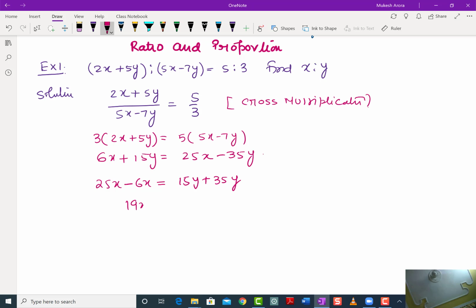This will be 19x is equal to 50y, or x by y. Here we have to be careful, the y has come here and 50 will remain here, so x ratio y is 50 ratio 19, that is our answer.